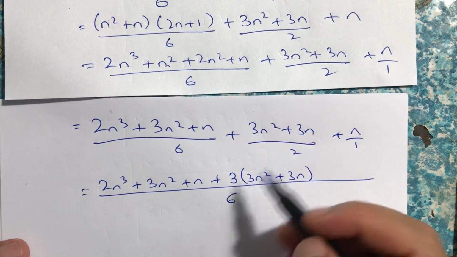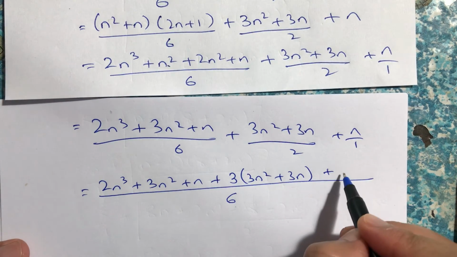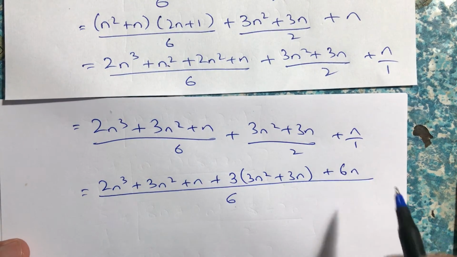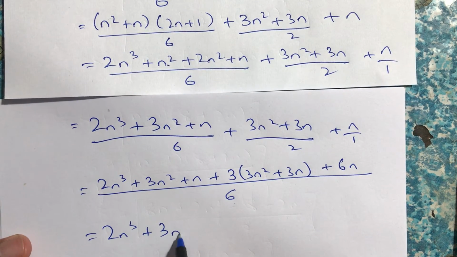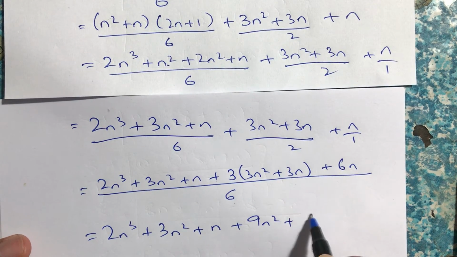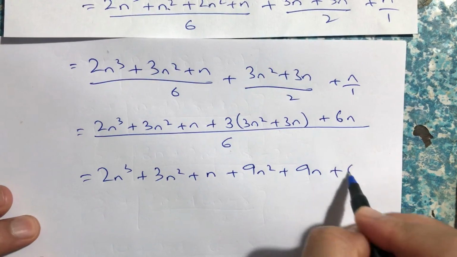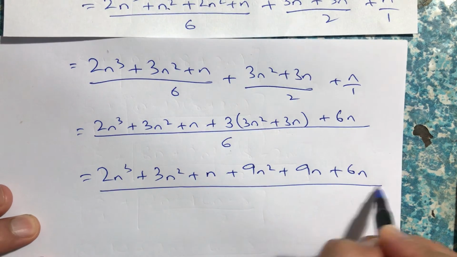You can skip the step and directly write 3 into this, and this will be 6 into N, okay. And then we get 2N cubed plus 3N square plus N plus 9N square plus 9N plus 6N, whole thing divided by 6.